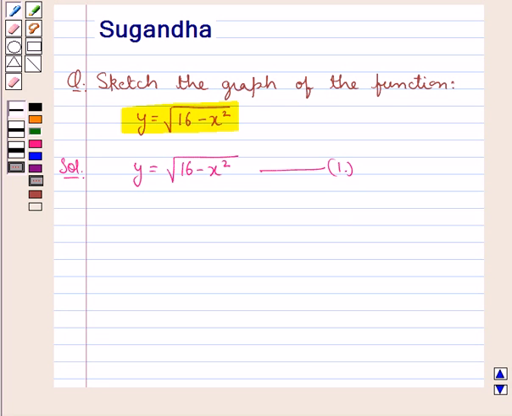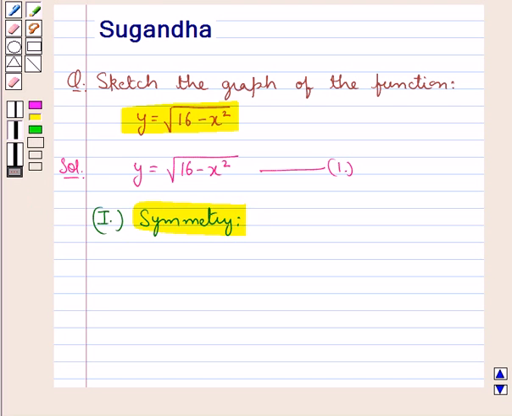For the sketching of the graph for this function, we would follow certain steps. In the first step, we check the symmetry of the given function.